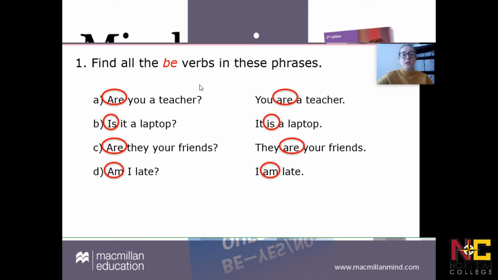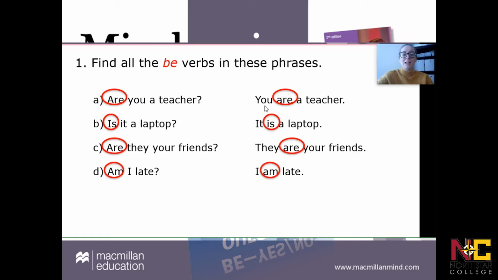So all our be verbs, are, is, are, am, you'll see with the questions come at the beginning. Are you a teacher? Is it a laptop? Are they your friends? Am I late? But when it's turned into an answer or a statement, they are not at the beginning. The subject is, you are, it is, they are, I am.